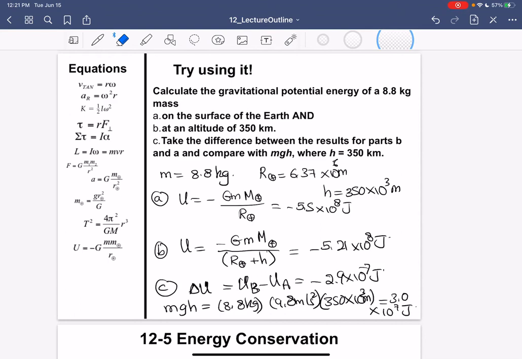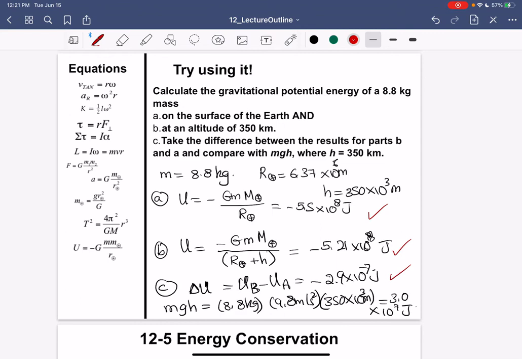Okay, I did this here. I have calculated U for that altitude, and then at the surface of the Earth, and then I took the difference between them.